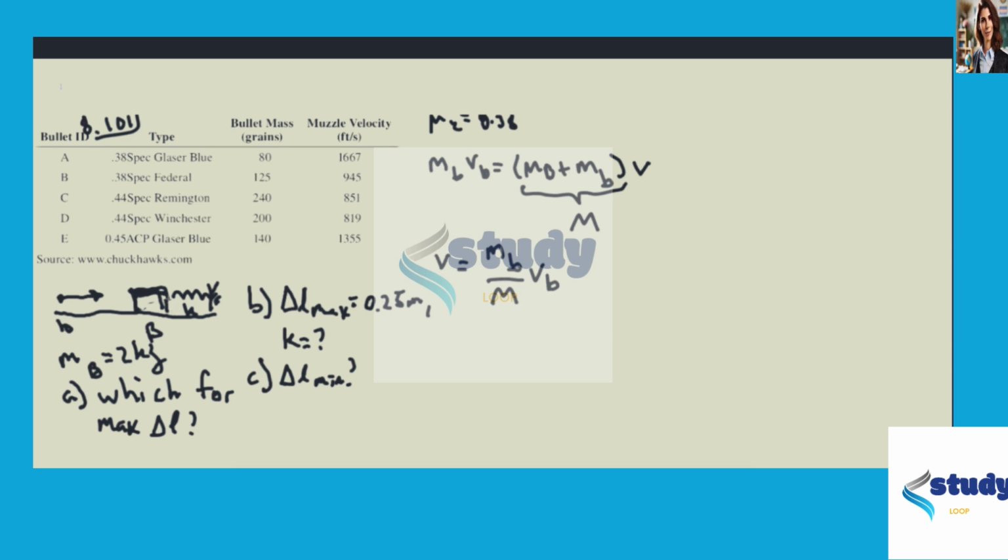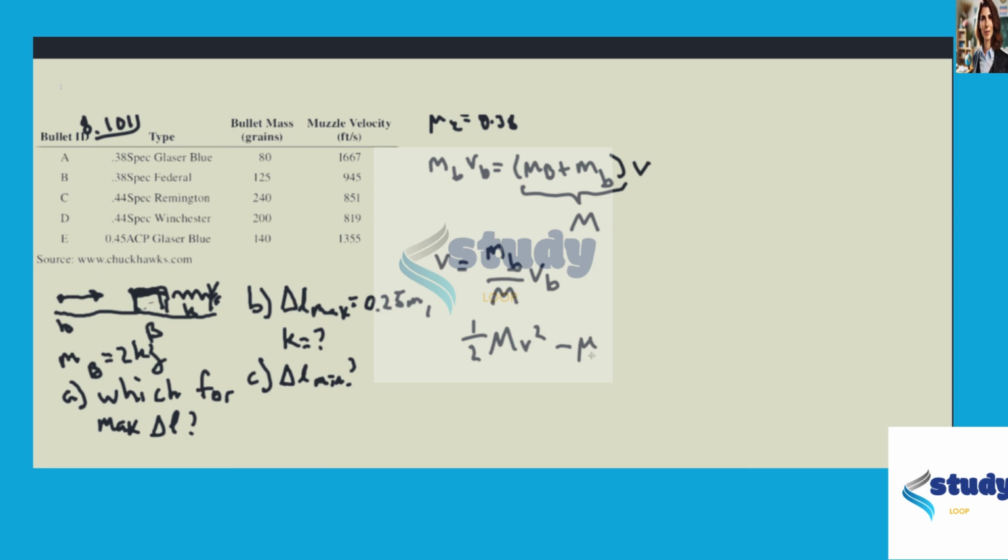Now, the block with the bullet in it is going to start moving with some kinetic energy. As it moves a distance d, let's call it, it will both compress the spring, causing potential energy to be stored in the spring, and also lose energy due to the force of friction doing work on it.